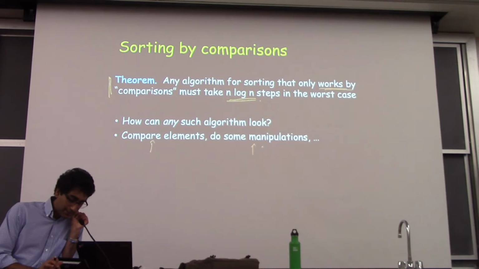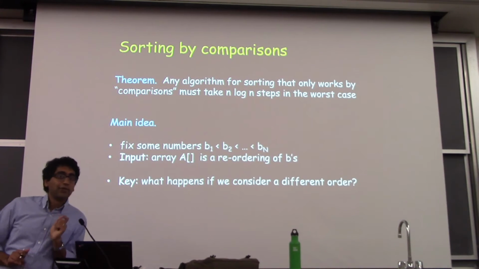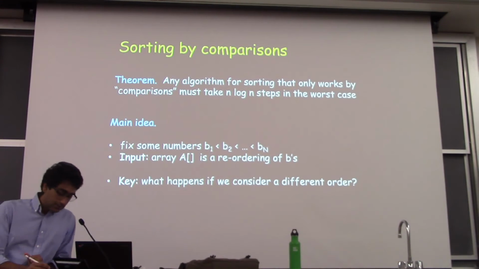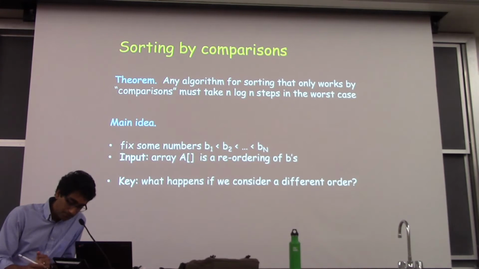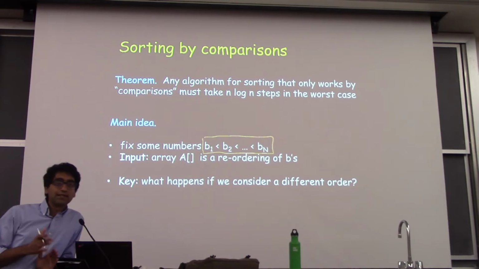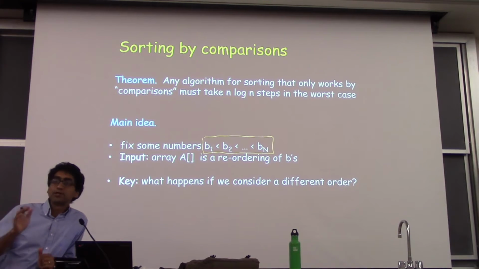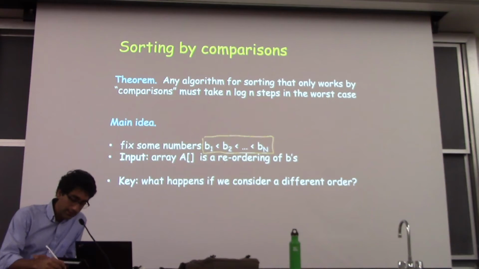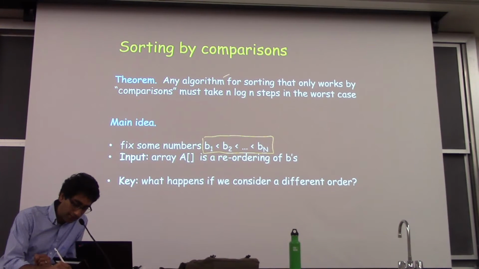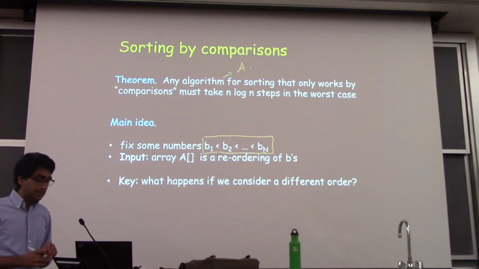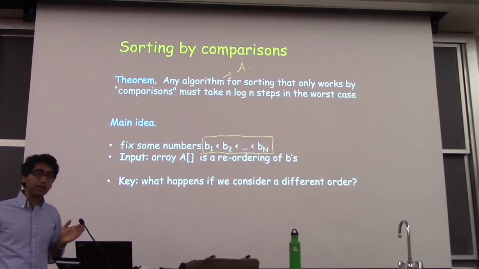And the idea is actually very clever. So what you say is, suppose I fix some numbers b1 through bn, which are all strictly in increasing order. And let's say there is some algorithm that takes some bunch of n numbers and sorts them.